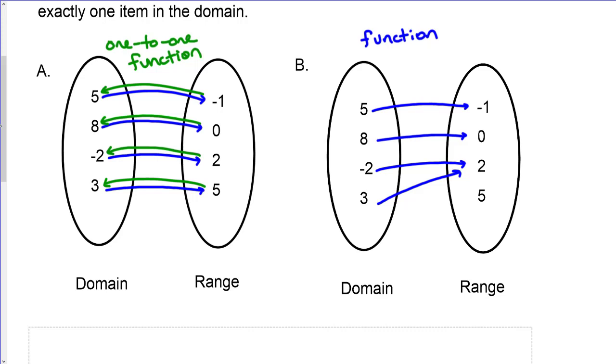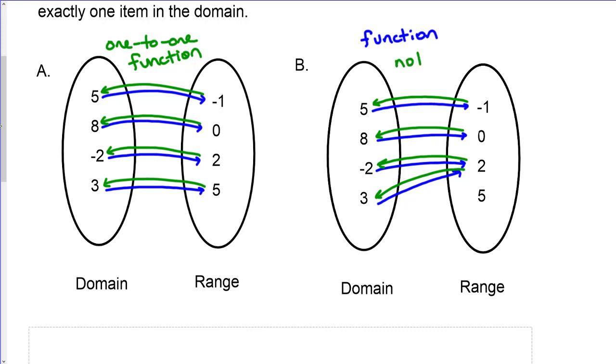However, when we go the other direction, -1 corresponds to 5, that's great. 0 corresponds to 8, that's fine. It corresponds to only one value. But 2 corresponds to multiple values, which means that this is not a one-to-one function.